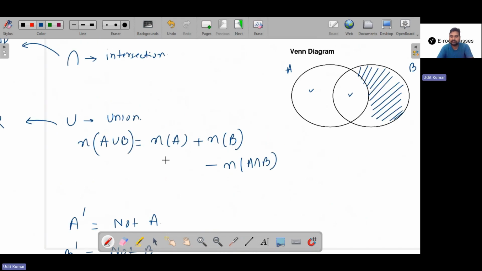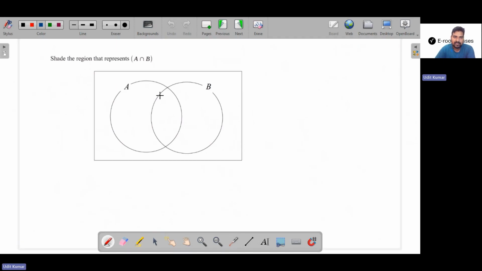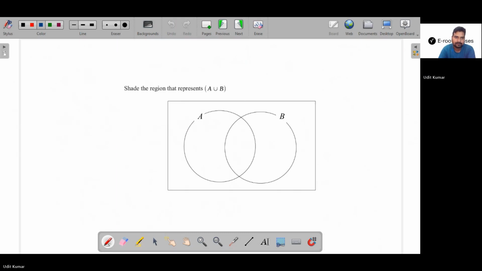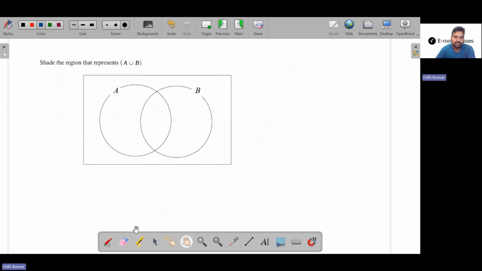Okay, now let's move to solve some questions. This is question number 1. It says, shade the region that represents A intersection B. We have just discussed it. So A intersection B is the common portion between A and B. Okay, so this will represent A intersection B. Now, if you have to shade the region which represents A union B, what does A union B mean?